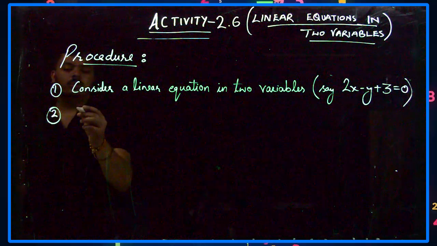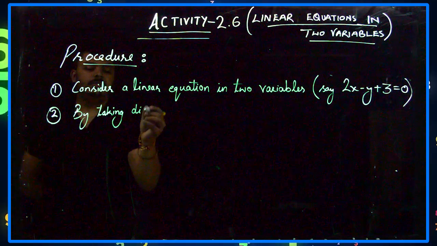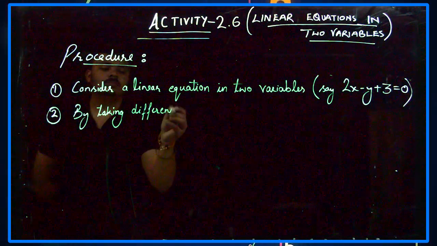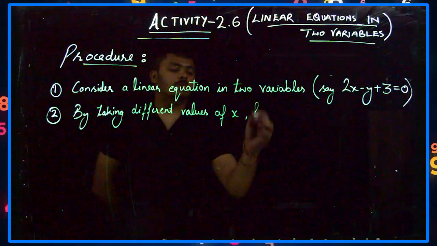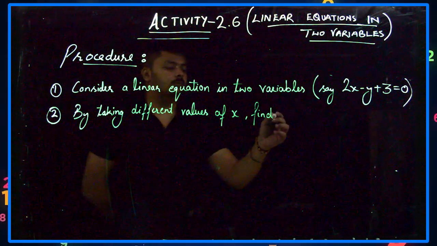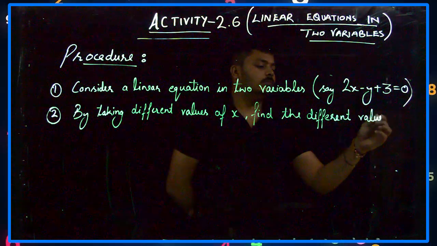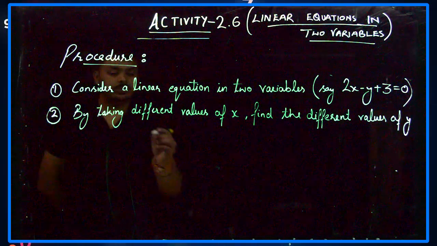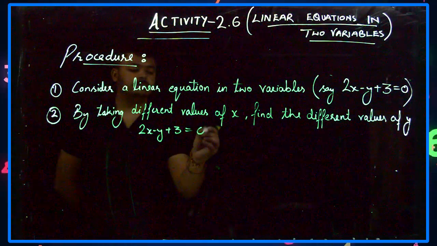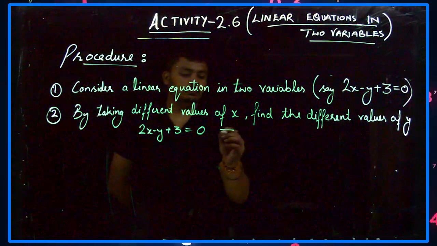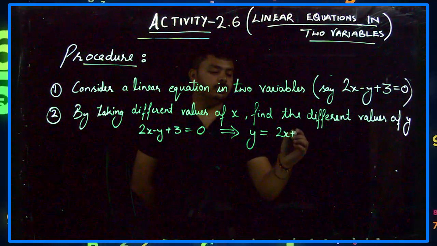Second, by taking different values of x, find the different values of y. So our equation is 2x minus y plus 3 equals to 0. So y equals to 2x plus 3.